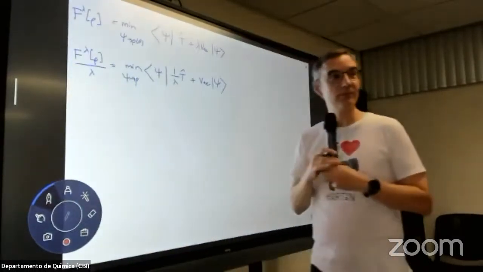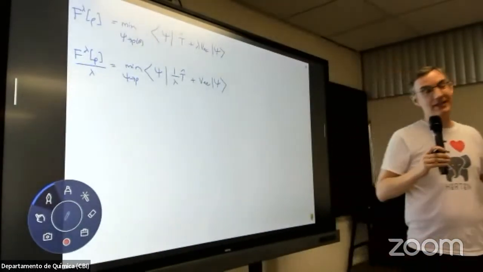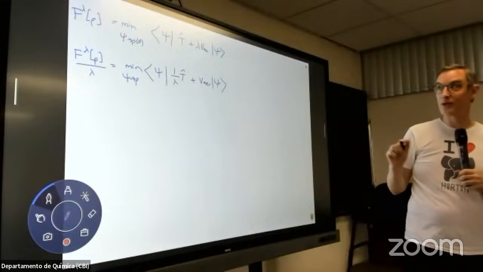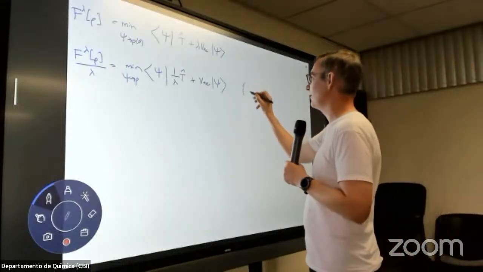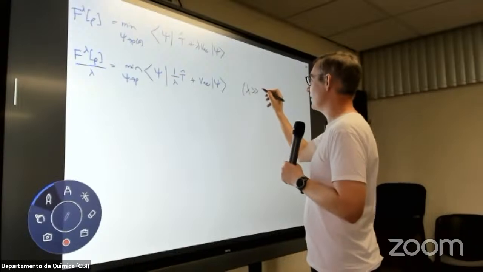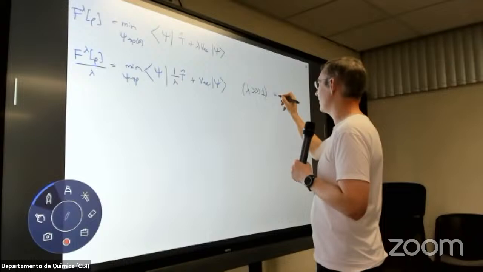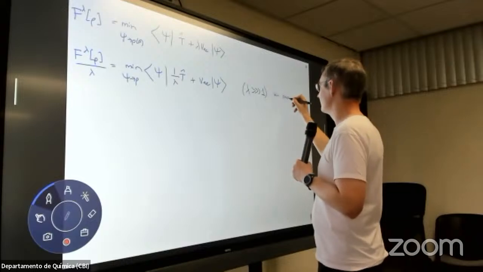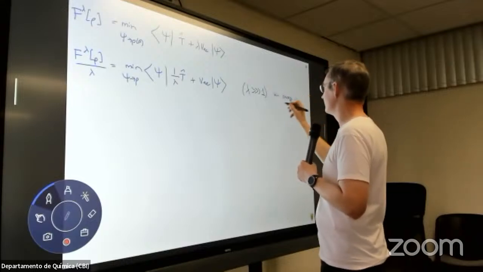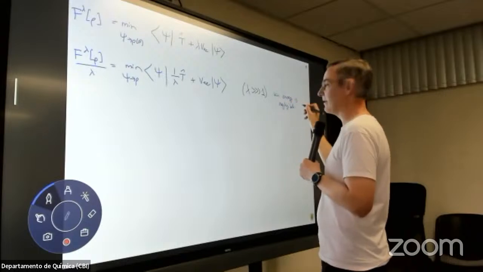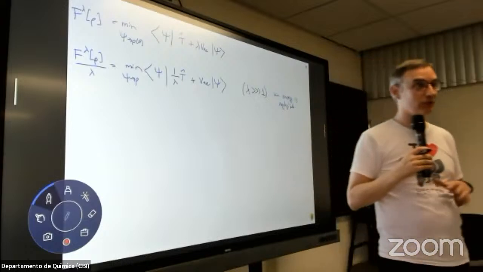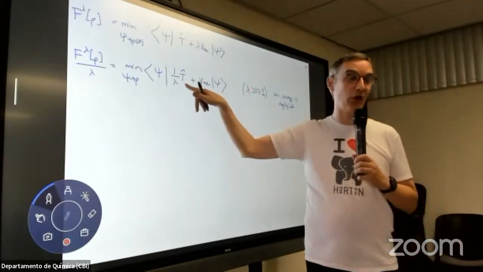So I did almost nothing. I divided by lambda, but now it's obvious that when lambda is much, much greater than 1, the kinetic energy is negligible. So this quantity gets killed off when lambda gets big.